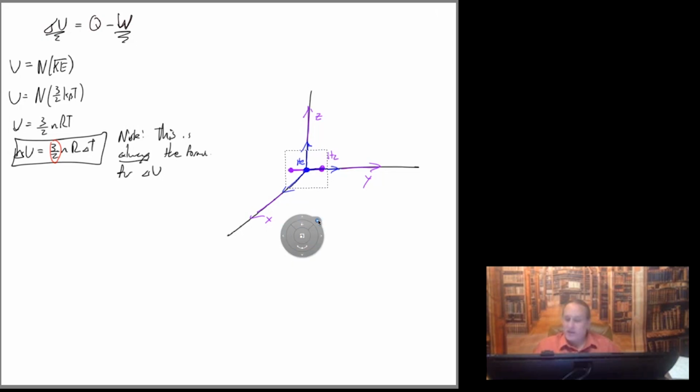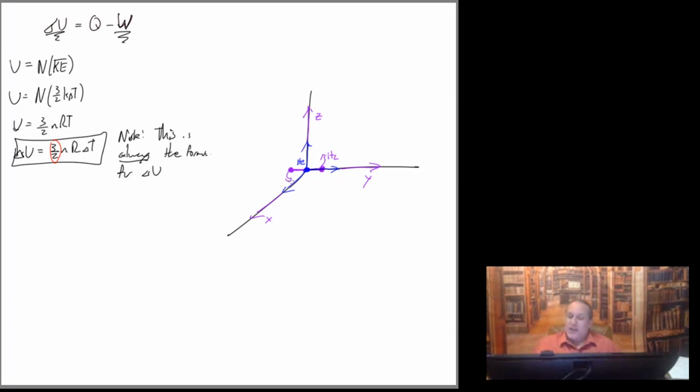I'm on the wrong layer here. It can start doing that, okay? And as it rotates, there's kinetic energy associated with that rotation. Now, it can rotate the way I just indicated. It's rotating about the x-axis, but it could also rotate about the z-axis.